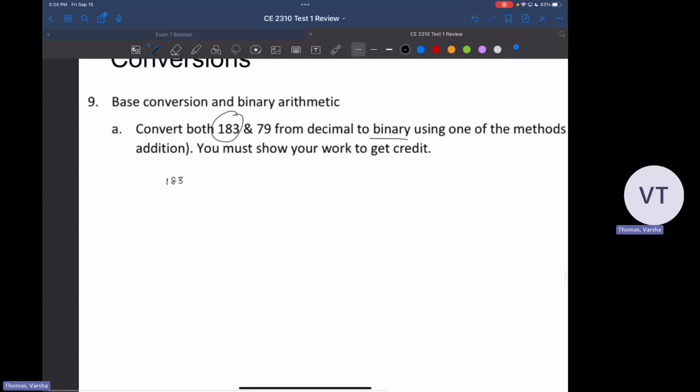183 first. In her review, she did it like 183 divided by 2 is equal to 91 remainder 1. There's another notation where you just do 183, and this is basically saying divided by 2, which is equal to 91 remainder of 1. This is the way I learned it, where you just keep going. Divide by 2, 45, but then you have a remainder of 1.